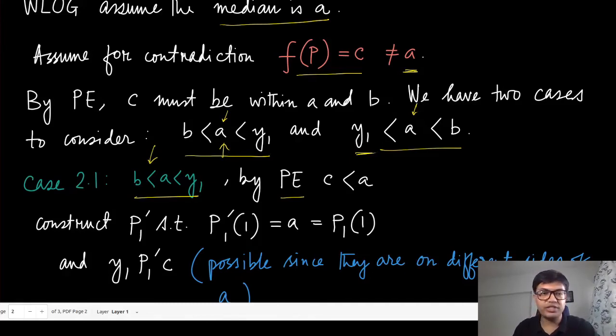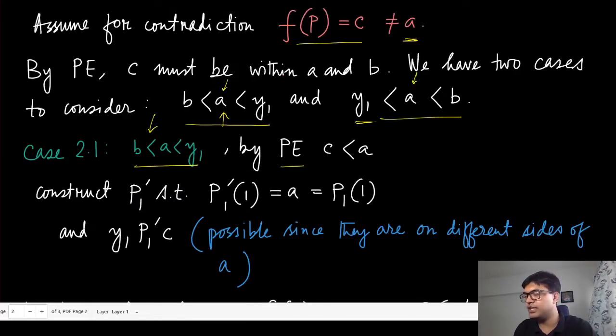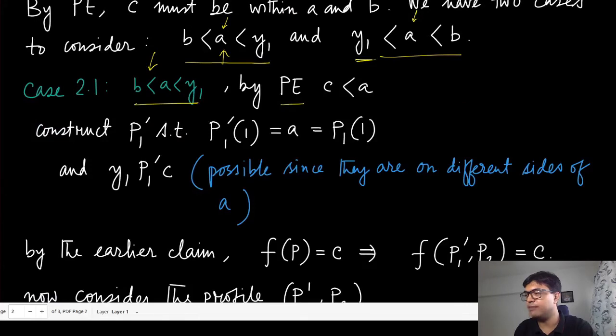Now we are going to construct a counter example to show this cannot happen. We construct a P1 prime where the peak remains the same as in P1 itself, but Y1 is more preferred than C under this preference.